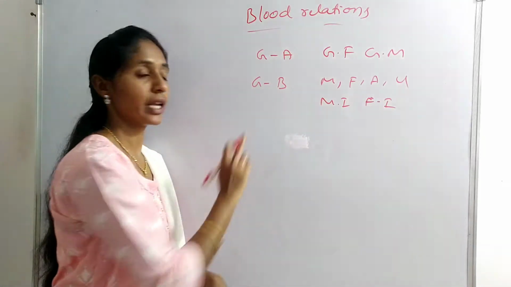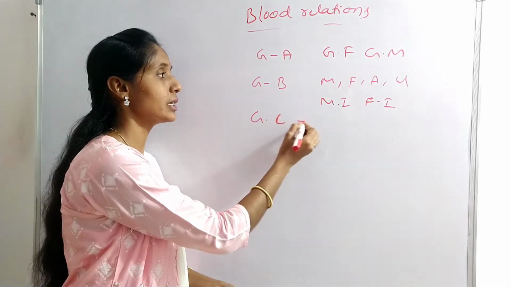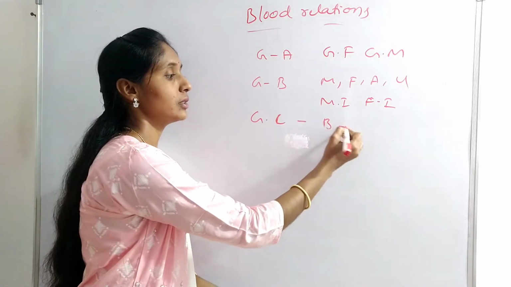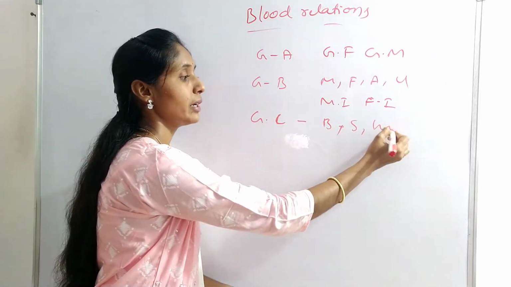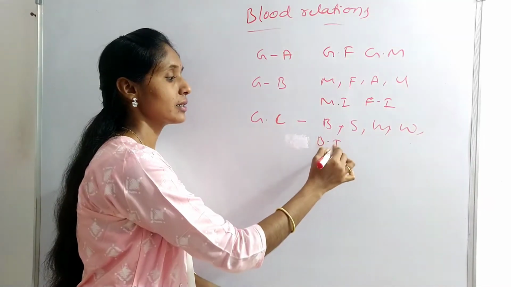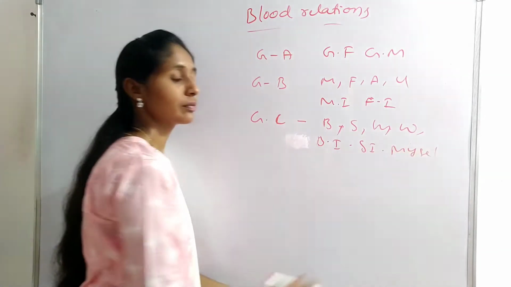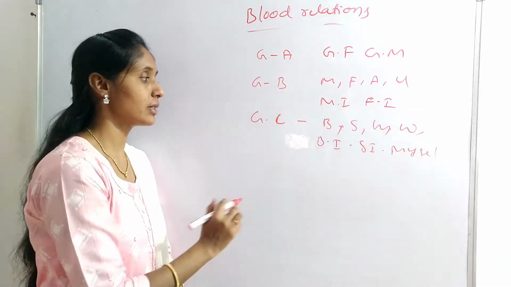And the third generation, that is C: brother, sister, husband, wife, brother-in-law, sister-in-law, and myself.